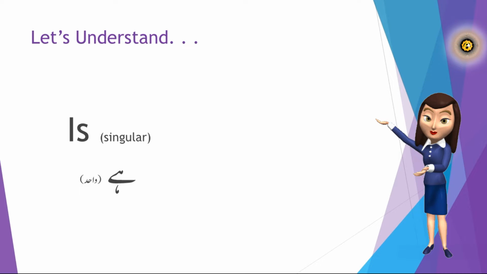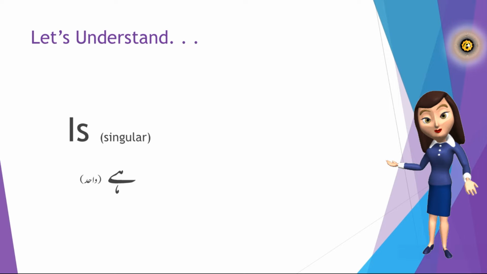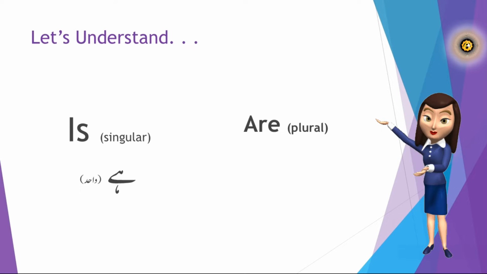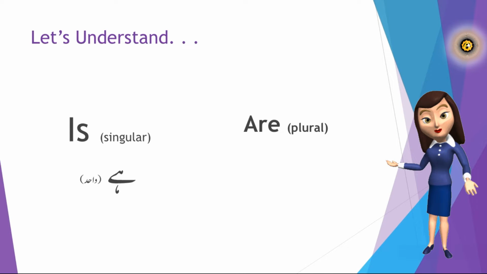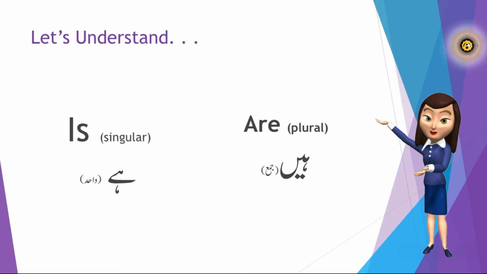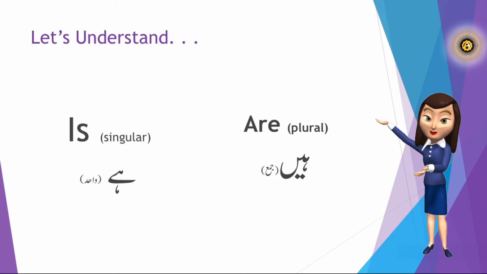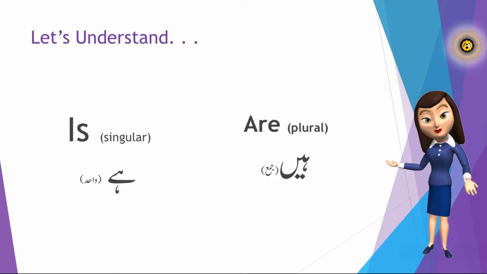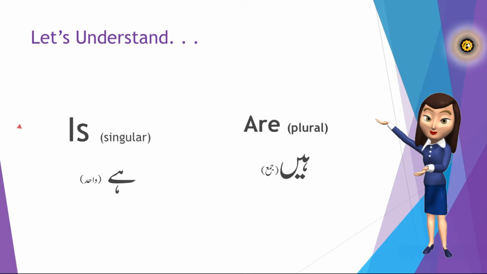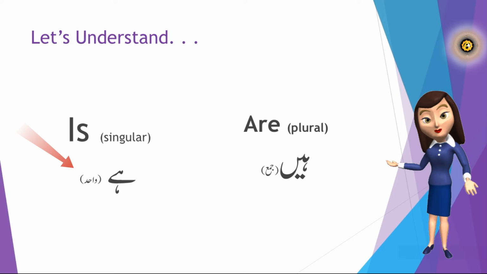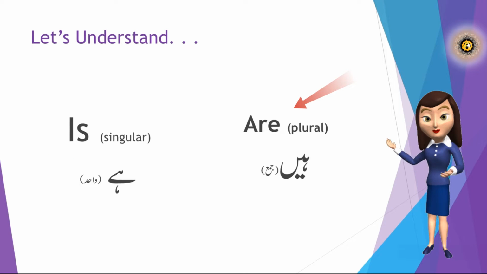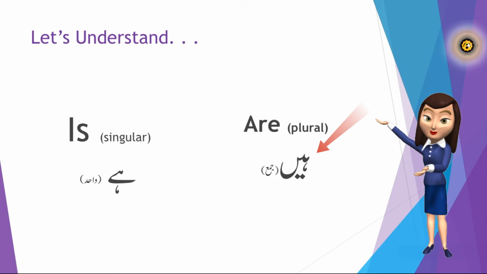Then for plural or more than one things, we say are in English, and in Urdu it is hain. Let's repeat one more time. In English we say is and in Urdu hai. Then in English we say are and in Urdu hain. Okay? Remember that.